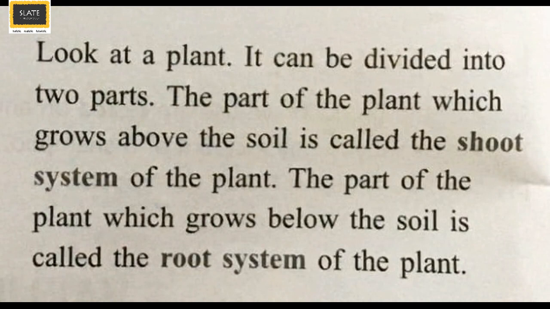Look at a plant. It can be divided into two parts. The part of the plant which is above the soil is called the shoot system of the plant. The part of the plant which grows below the soil is called the root system of the plant.